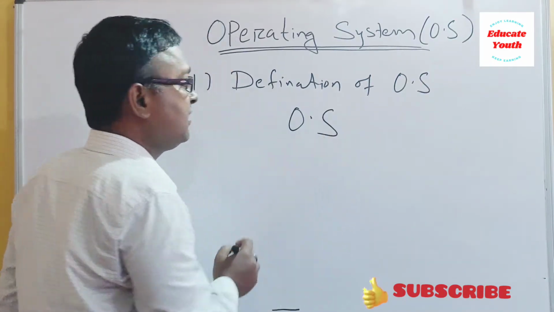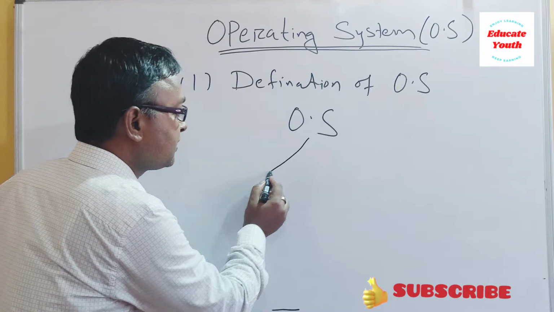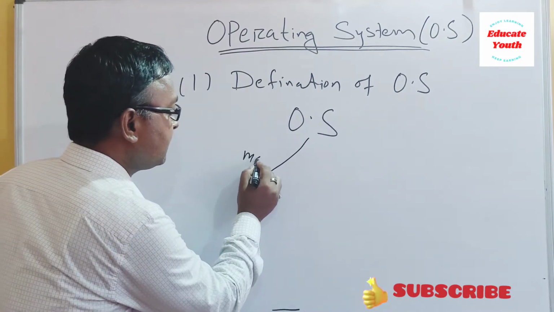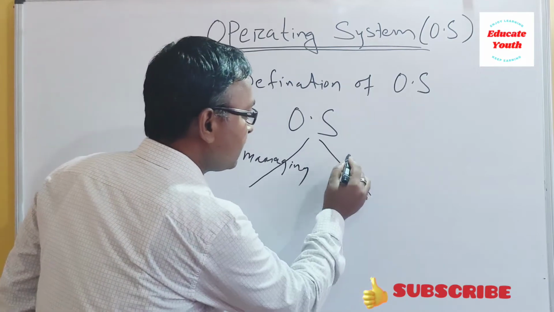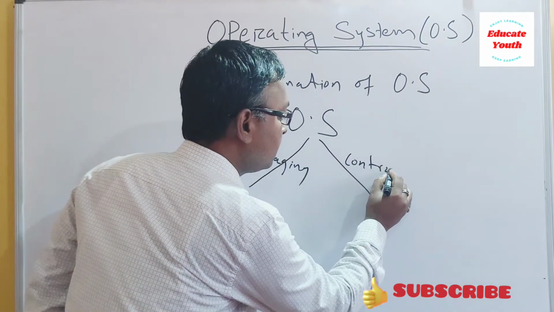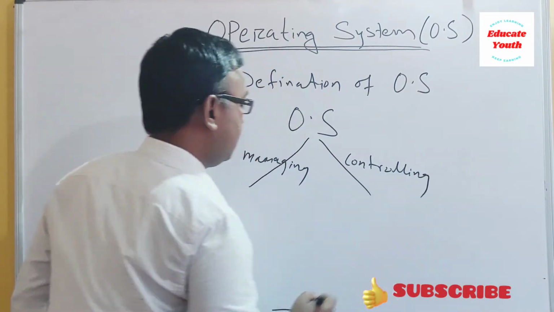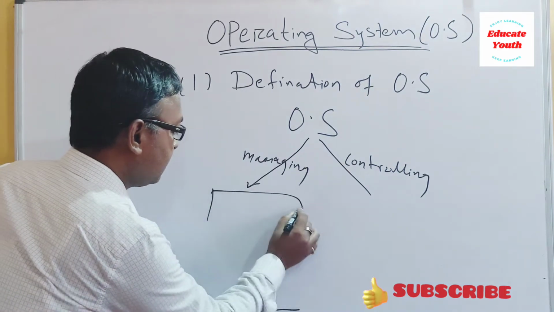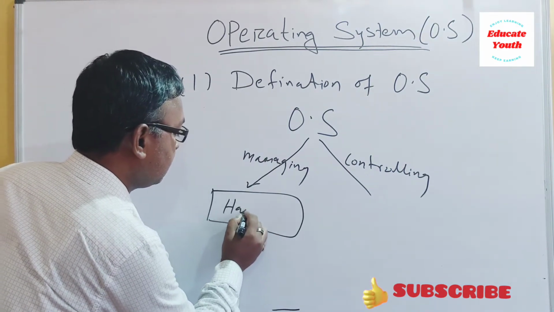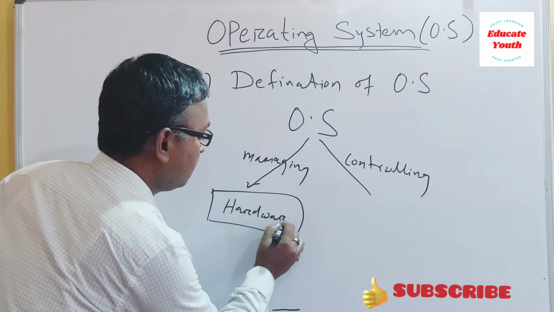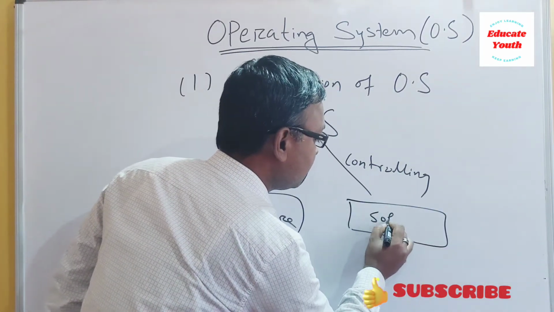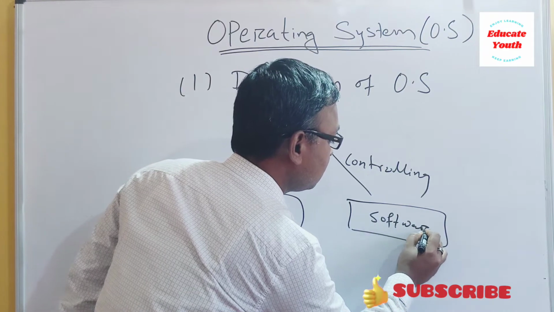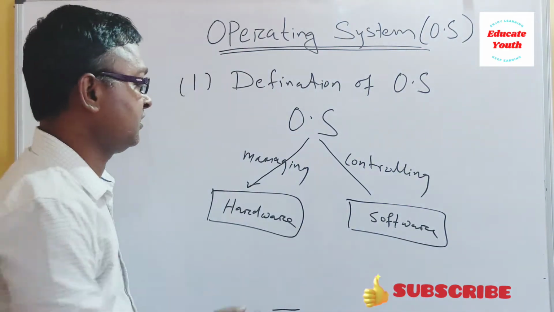An operating system is a system software which is responsible for managing and controlling your hardware resources and software resources of your computer system.